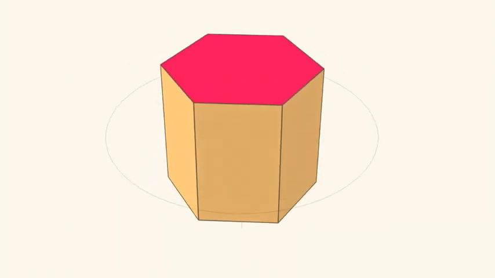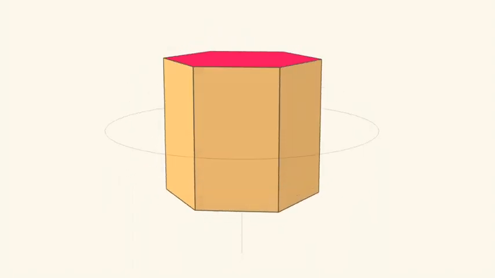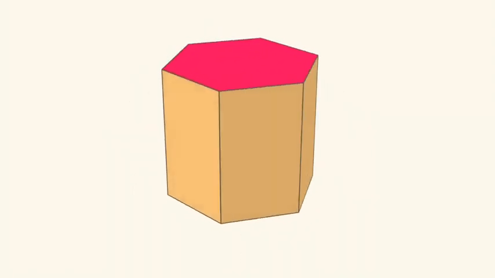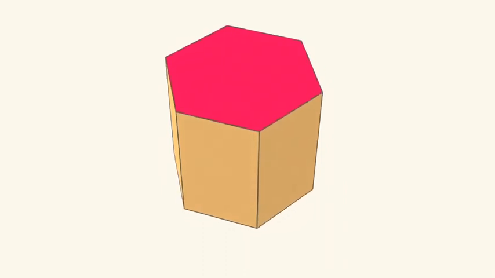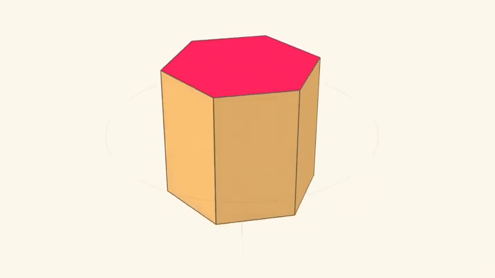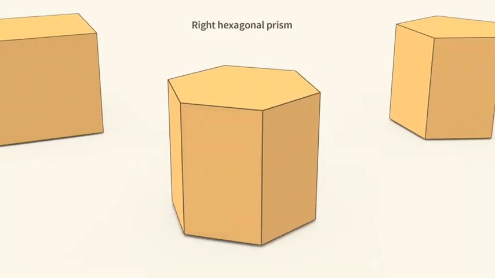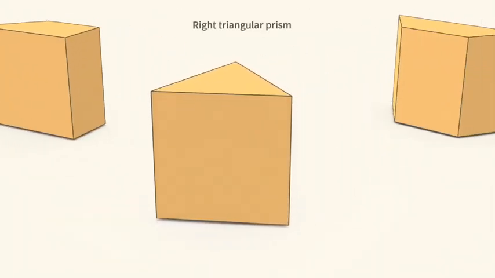So I have 2 parallel hexagonal bases, and then I have rectangles that connect them. The prism is named based off of the special figure. So in this case, since the hexagon is the special figure, then we call it a hexagonal prism. Same thing with, for example, a triangular prism.